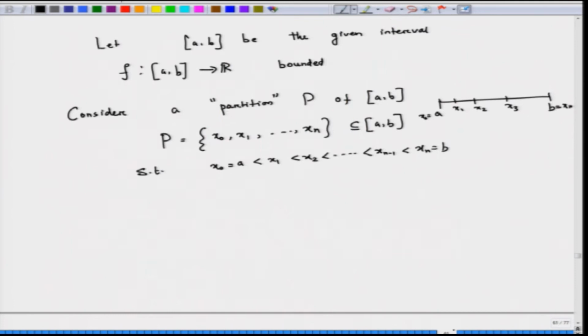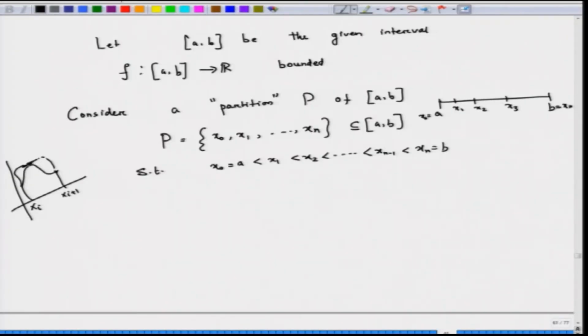Now suppose I have a partition in which we are considering, for the orange one, this rectangle. What is the rectangle we are considering for the orange and green? We are considering the maximum value that f is going to take in the interval x i minus 1 to x i.